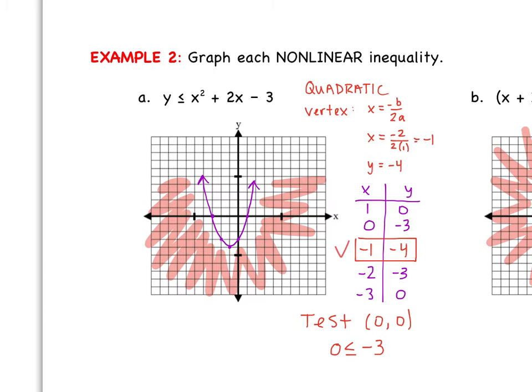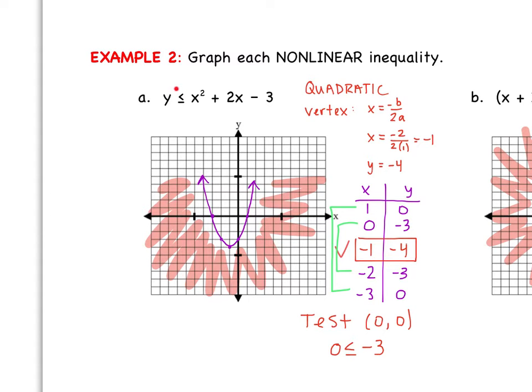Using points of symmetry, these two values of x are the same distance away from our vertex, so when I plug negative 2 in, I also get negative 3 for my y. I can plug 1 in for x: 1 squared plus 2 times 1 minus 3 gives 0. Again, using symmetry, negative 3 is the same distance away from negative 1 as 1 is, so my y value there will also be 0. We can go ahead and plot those 5 points.